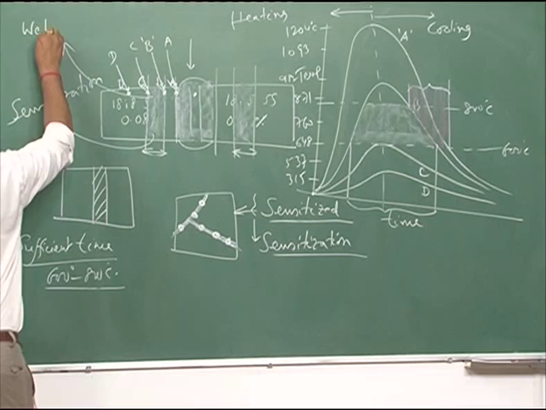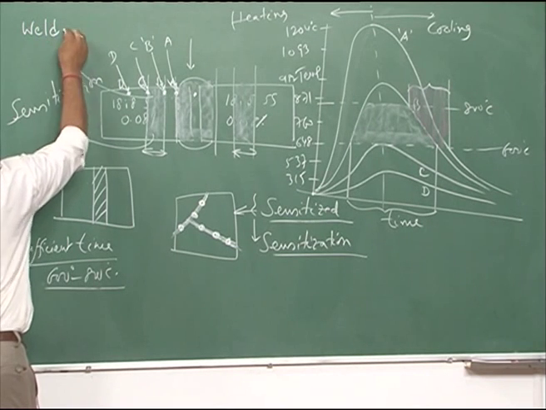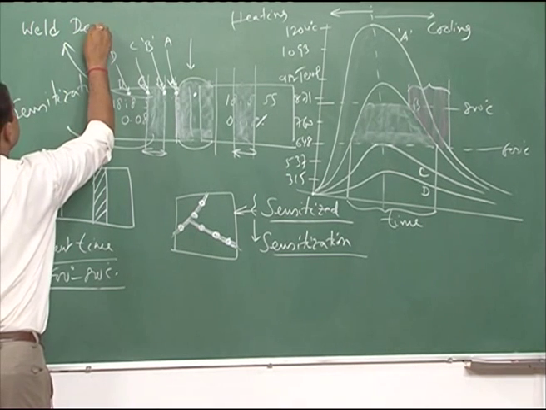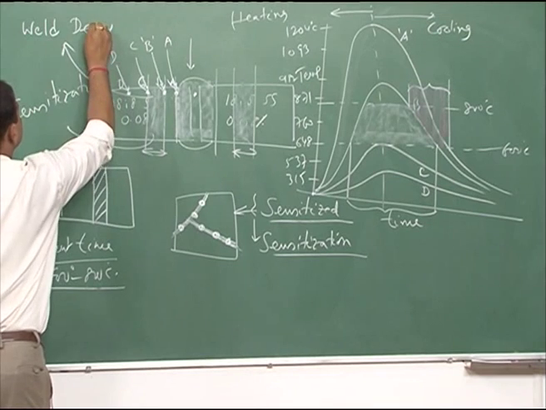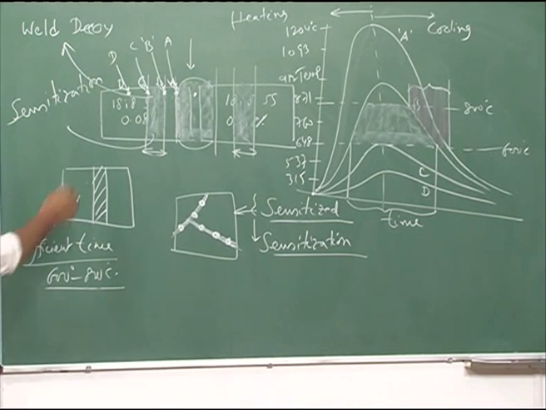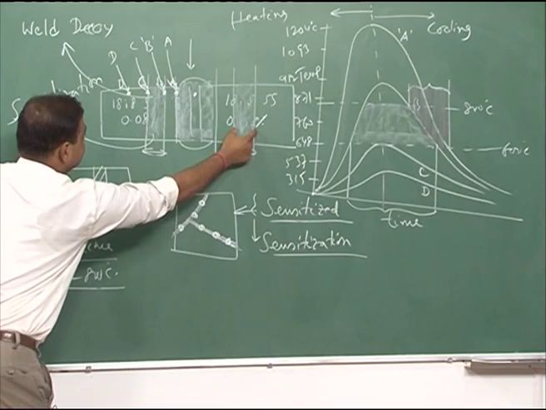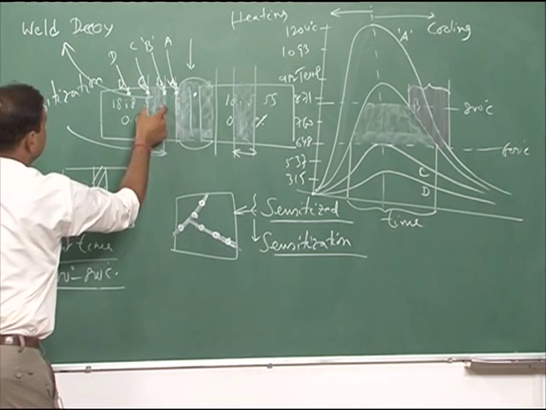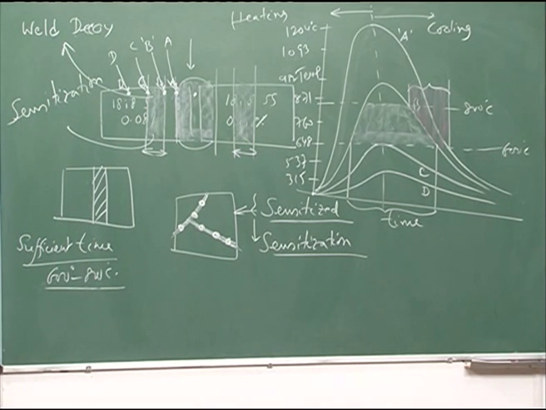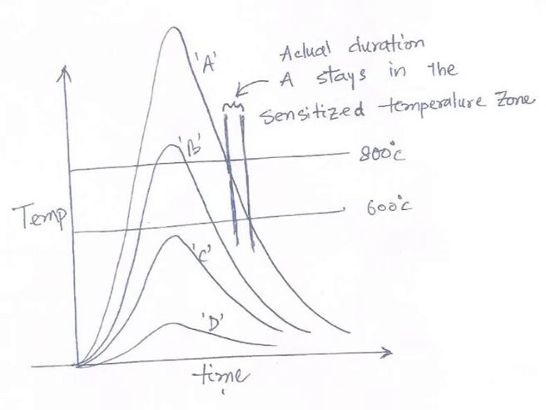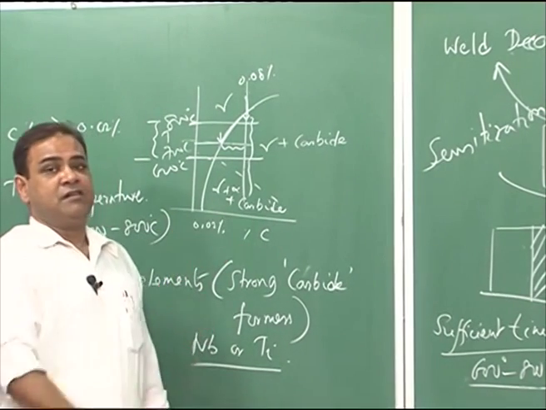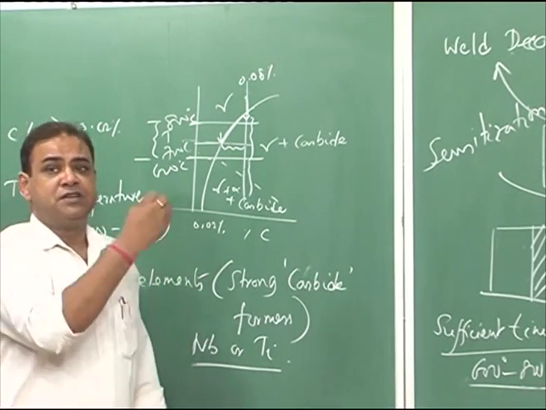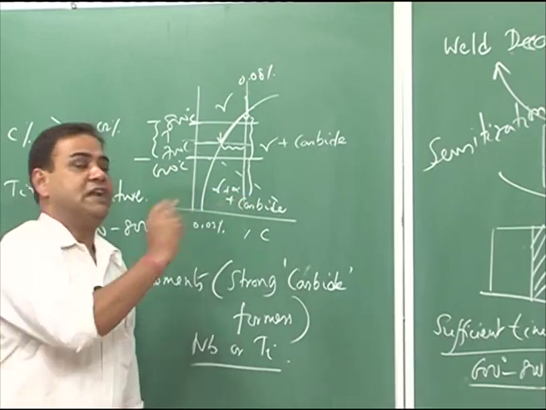Weld decay. This particular process is called Weld decay, and Weld decay means the creation of a sensitized zone in the stainless steel, which was not sensitized before welding.